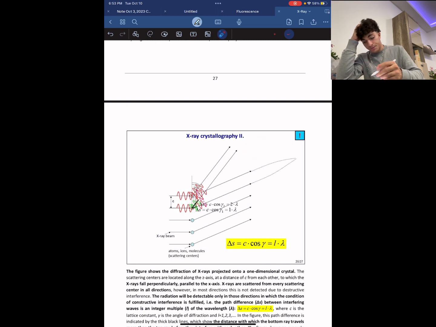What does that mean? Okay, let me draw this for you guys. You have beams coming in. They go like this. Which one is longer, this one or this one? Of course, this one, right? By how much? By this much. But let's say we have wavelengths.